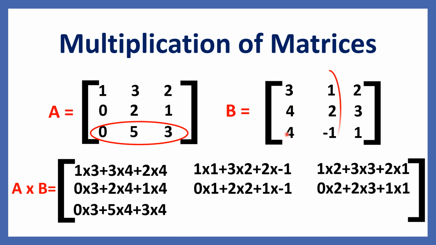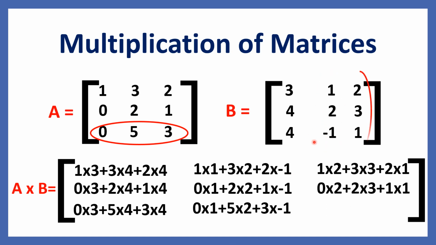Then by considering the next column, we are taking the third row of matrix A and second column of matrix B. Values are 0 into 1 plus 5 into 2 plus 3 into minus 1.